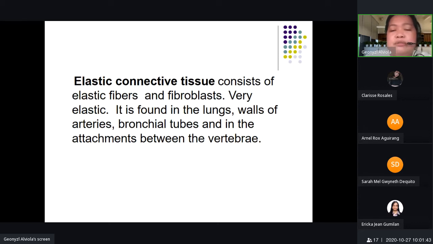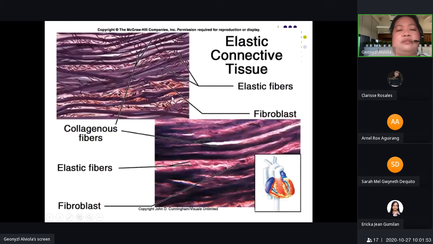They are usually found sa lungs, walls of the arteries, bronchial tubes, and attachment between the vertebrae. So, itong dark, thin projections, mga parang hair-like projections, they are called the elastin, the elastic fibers.